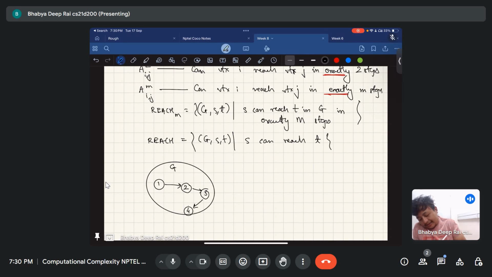So this is a simple graph. So here what do we have? 1, 2, 3, 4, 1, 2, 3, 4. Now 1 is connected to 2, 2 is connected to 3, 3 is connected to 4, 4 is connected to nothing.